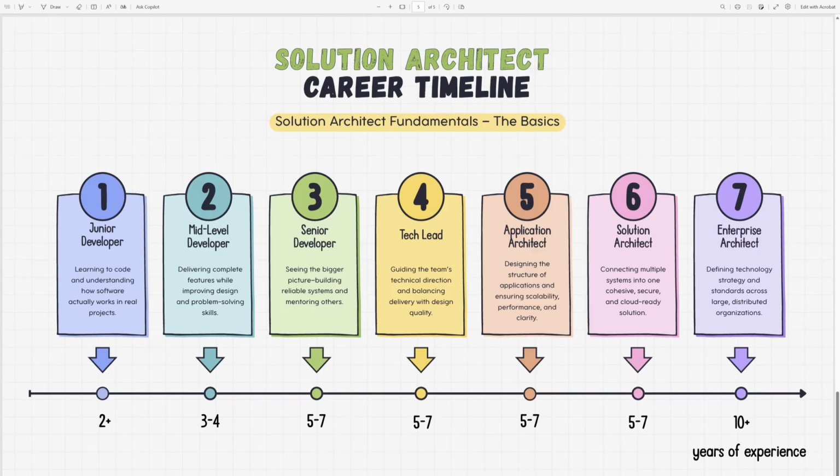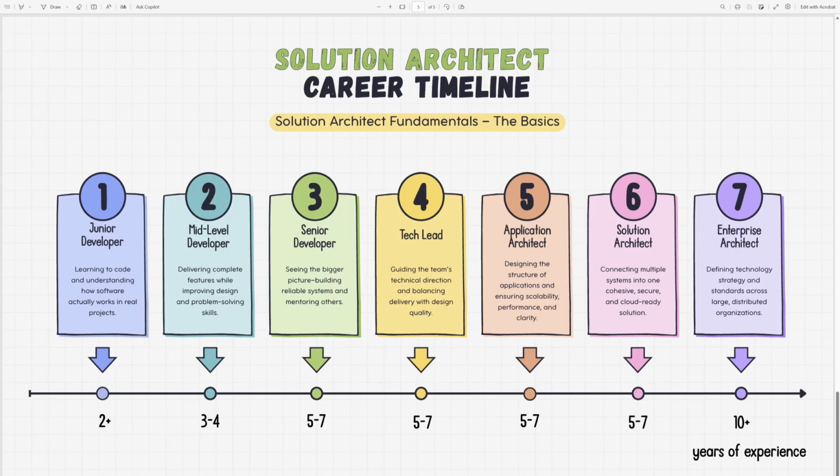And if you see here, senior developer, tech lead, and the architect positions, all of them require between 5 and 7 years, usually, because a senior developer can become a tech lead, an architect, or solution architect. It really depends on your company and your company policies and how good you are. But basically, this is a good guideline for you to follow.